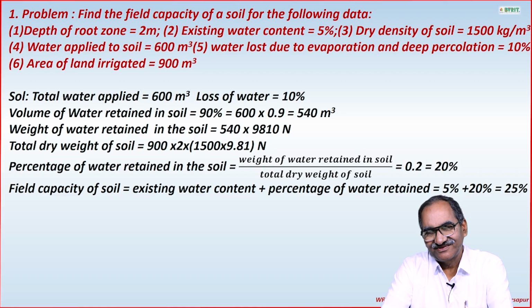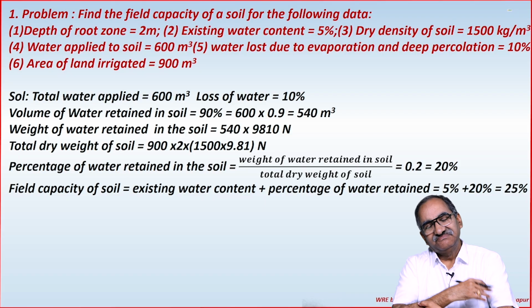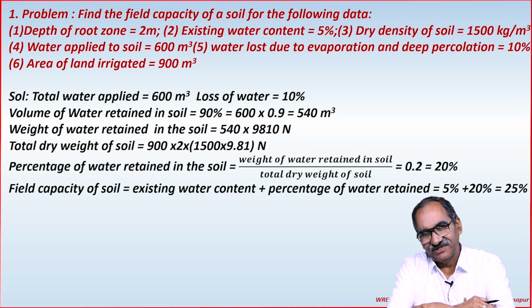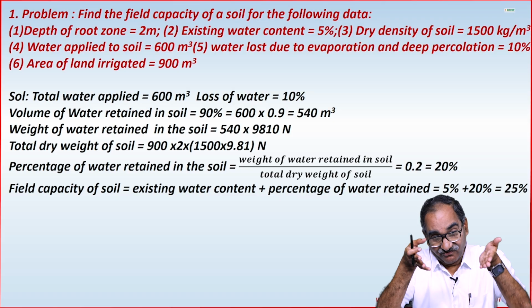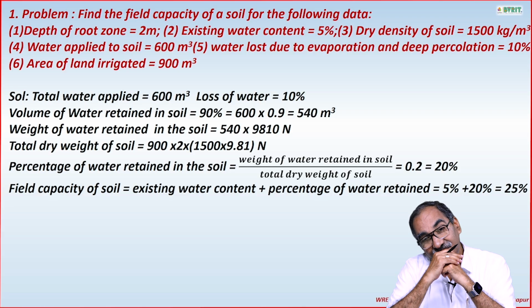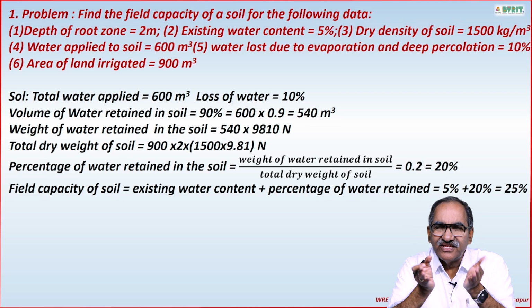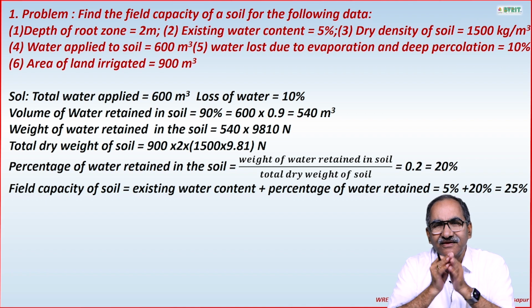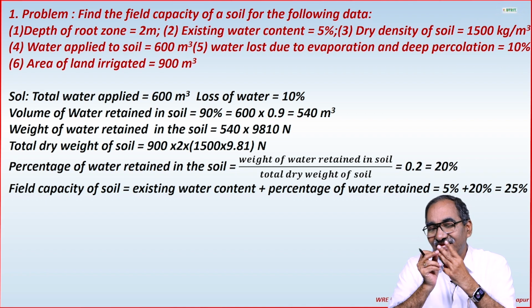Depth of water stored in the root zone, or some of the problems may be related to the amount of water to be really supplied to the crop, or some of the problems may be frequency of irrigation.